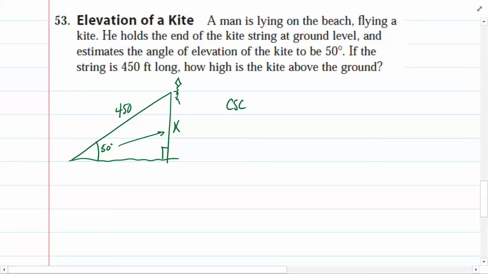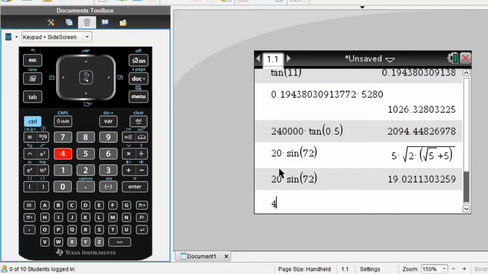Cosecant of our angle measure, 50, must be equal to the hypotenuse, 450, divided by the opposite side, which was x. So x must be equal to 450 divided by cosecant of 50 itself, and therefore x would be equal to the result of that calculation.